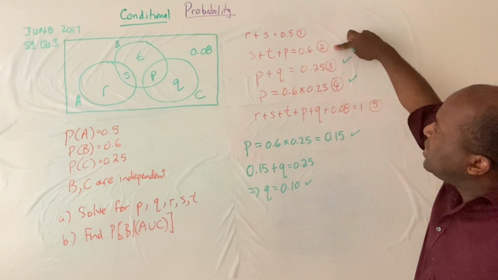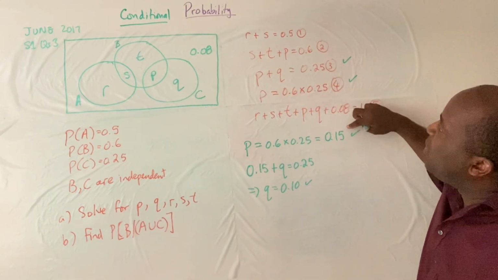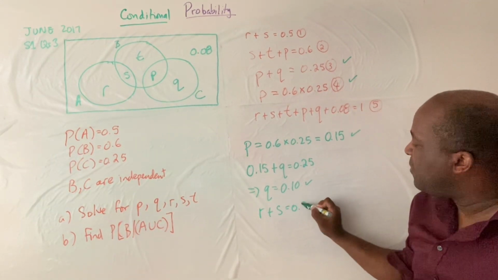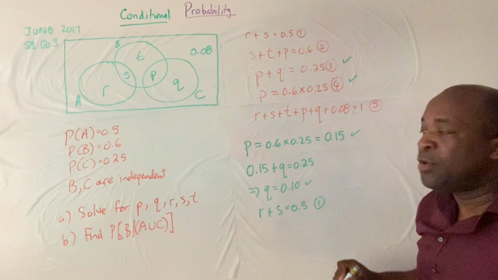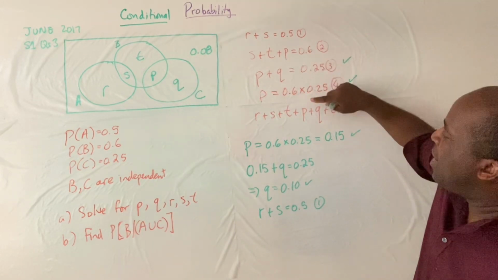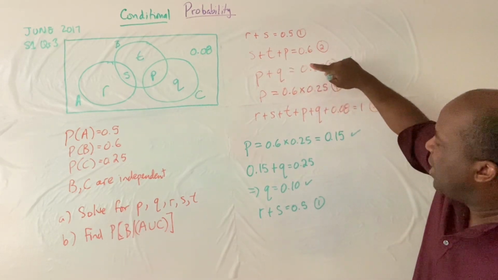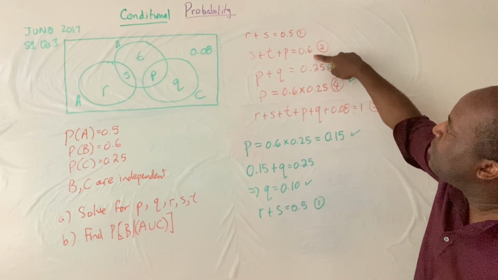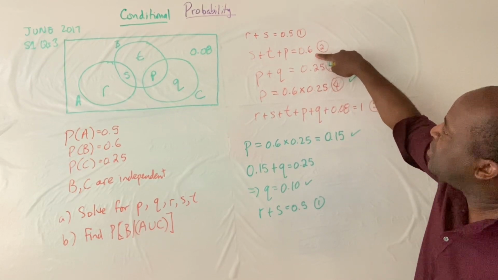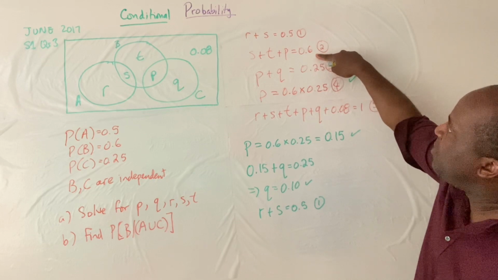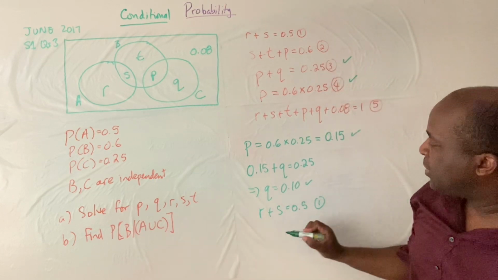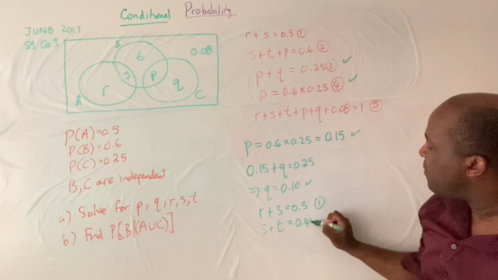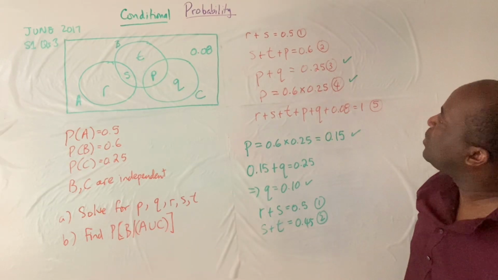All right, so this has P in it, so I can swap it with my known value. So I still know that R plus S is equal to 0.5. So that's still known. Now, I know what P is. P is 0.15. I can carry it over here and get 0.6 minus 0.15 to be 0.45. So S plus T is equal to 0.45. That's equation 2.